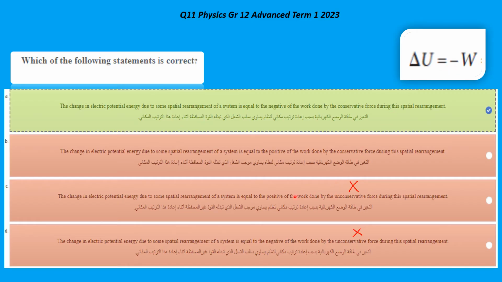Here they say positive, and here also they say positive, so we get rid of options B and C, they are wrong. Also in this chapter we always consider the conservative force, we never talk about non-conservative force. So of course, option D is also out of the game. So option A is the correct answer.